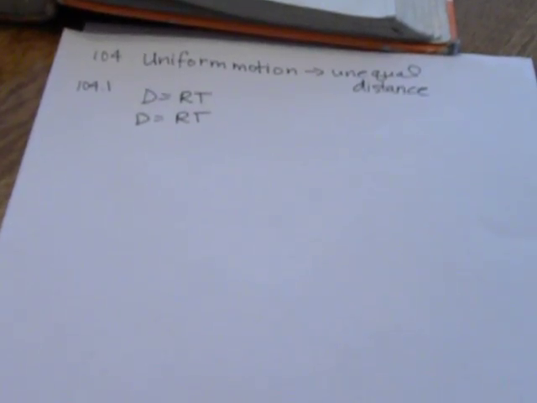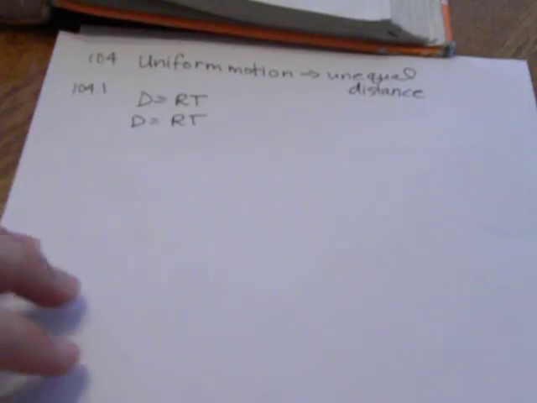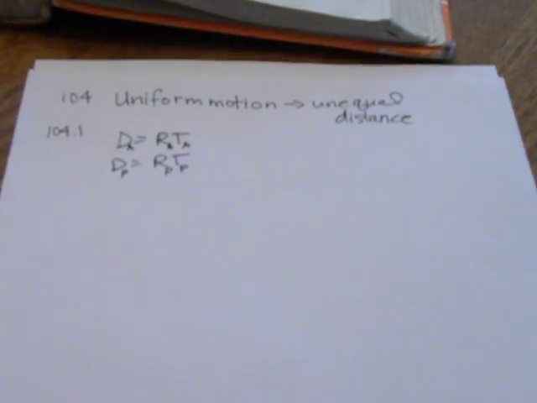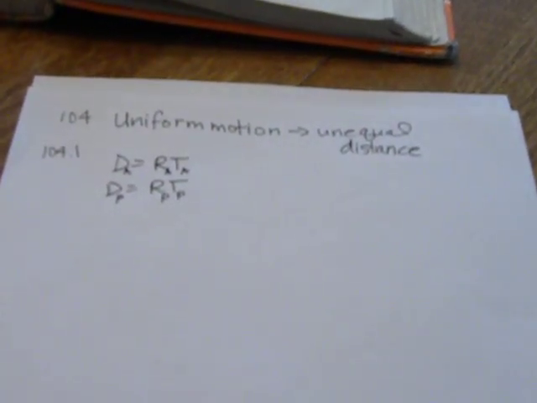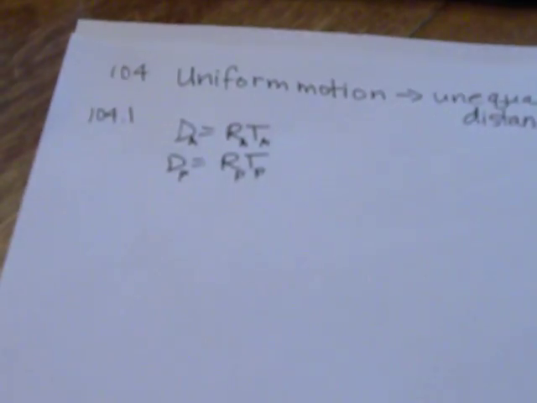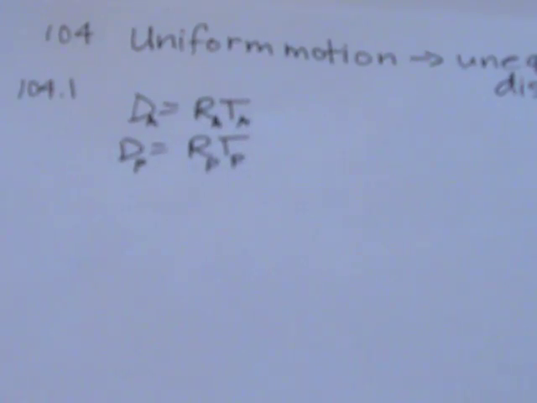So we have Achilles and we have Patroclus. We're going to name one of these A and another one P, and then we'll pick apart the information that we have in the problem.